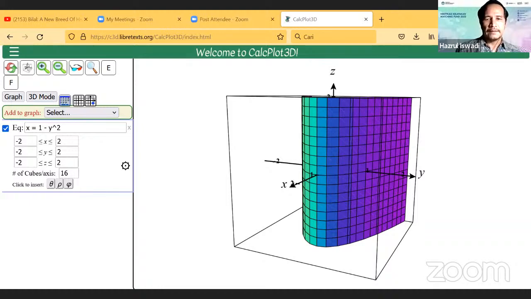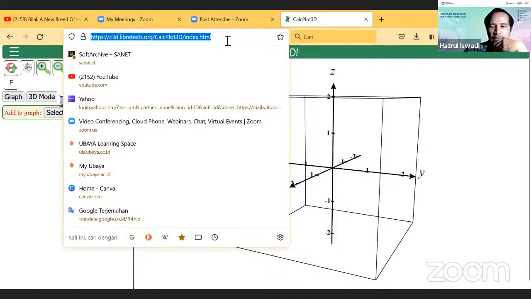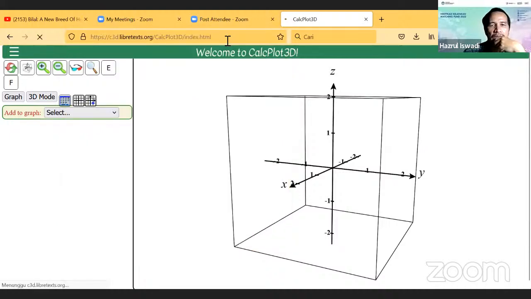Yeah, you can open the software in the browser, and the default for this software will be here.